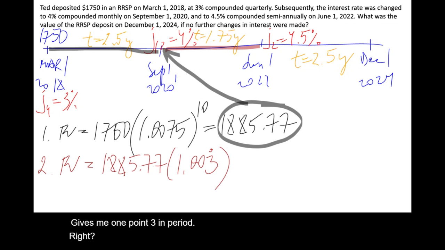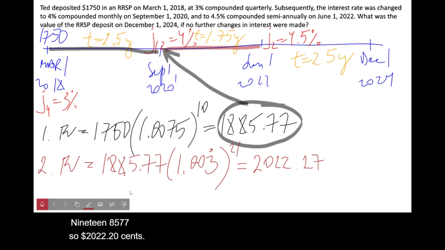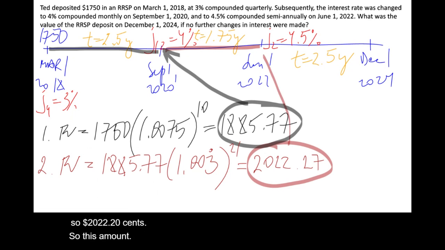And then 1.75 times 12 is 21. So I have 1.003 exponent 21 times 1885.77. So $2,022.27. So this amount, it's right there.